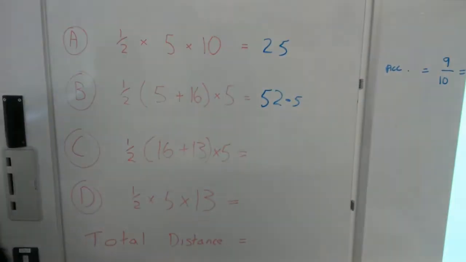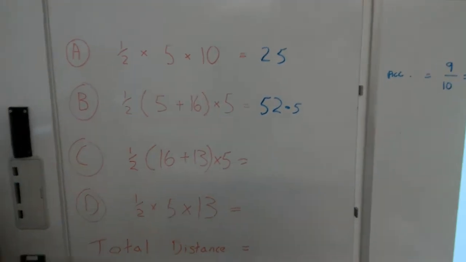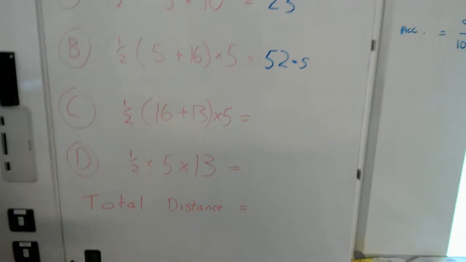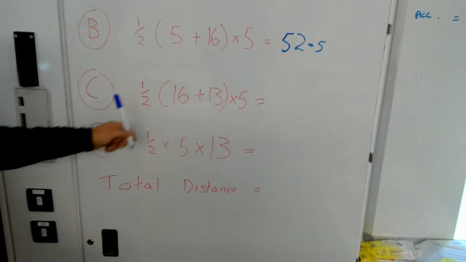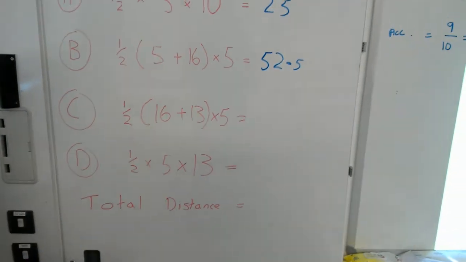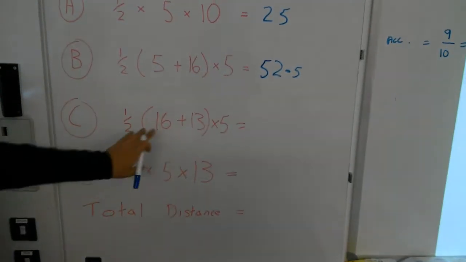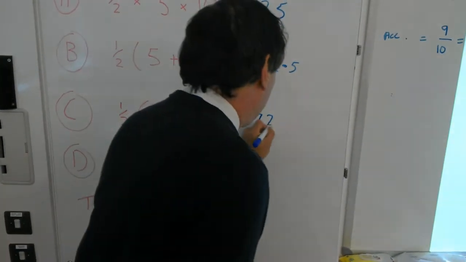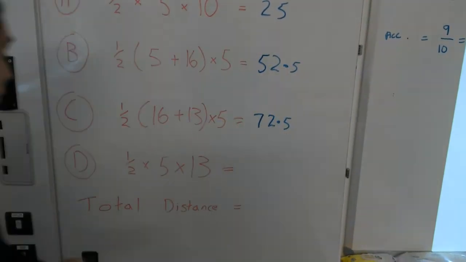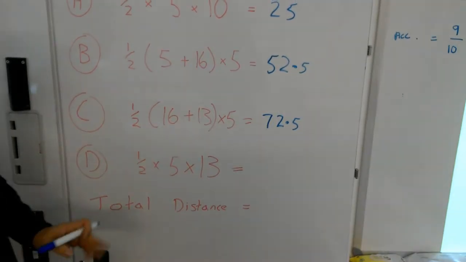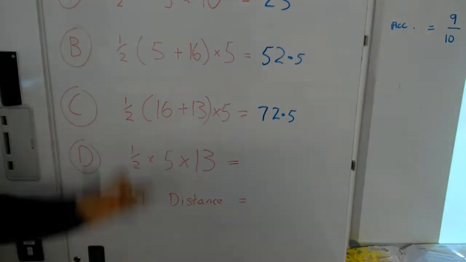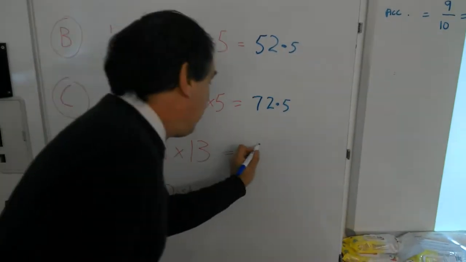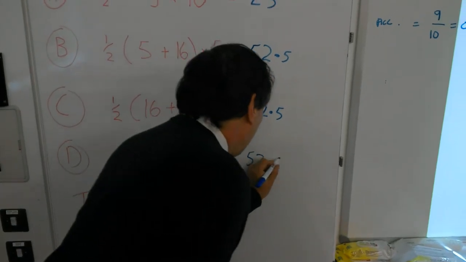Then, if I wanted to work out the area of the third strip, which is also a trapezium, half the 16 plus 13 multiplied by 5, remember the 2 parallel sides there, that will give me an answer of 72.5. And then finally, if I wanted to work out the area of D, which is a triangle again, that would then be 52.5.